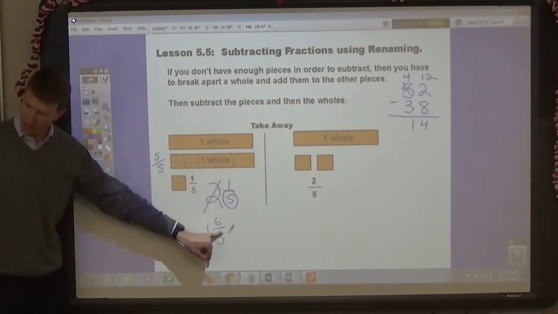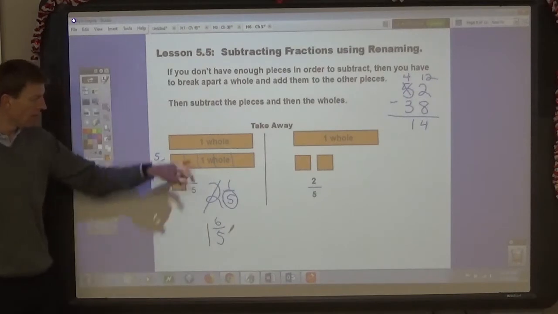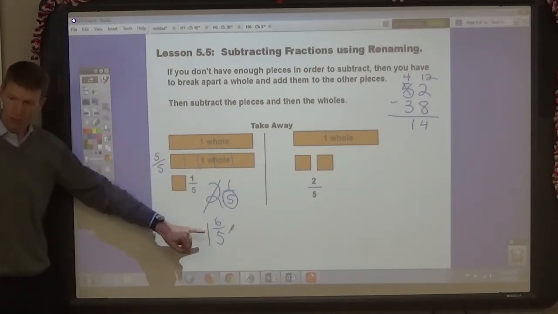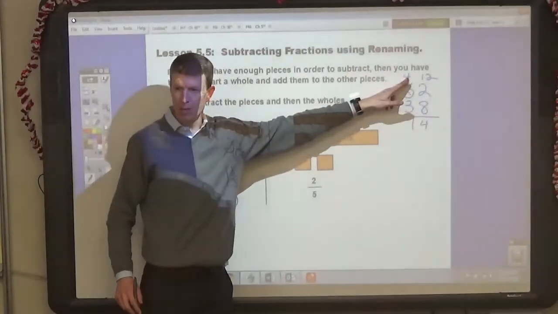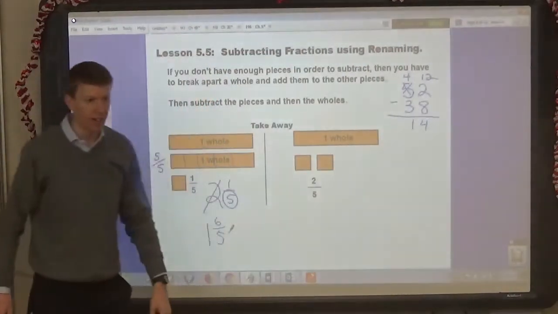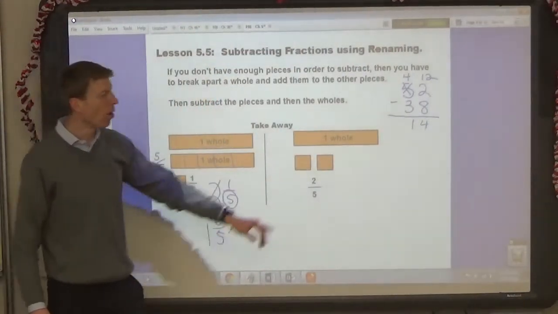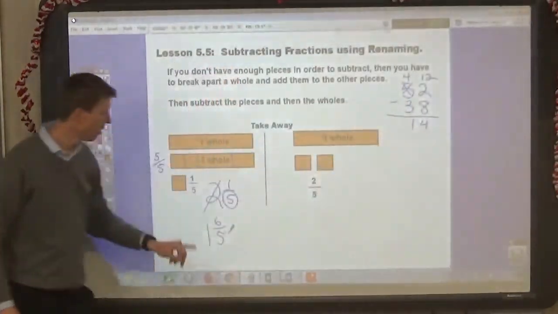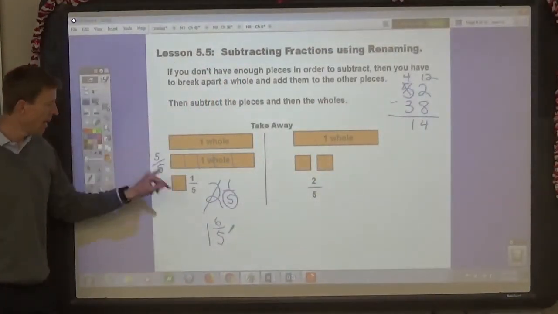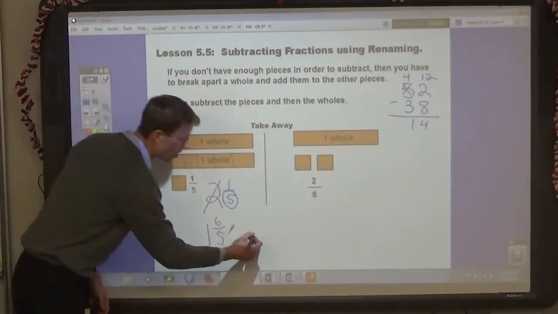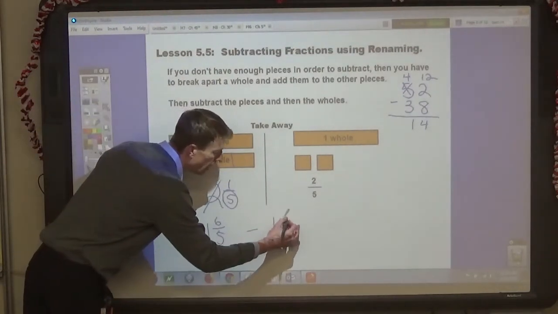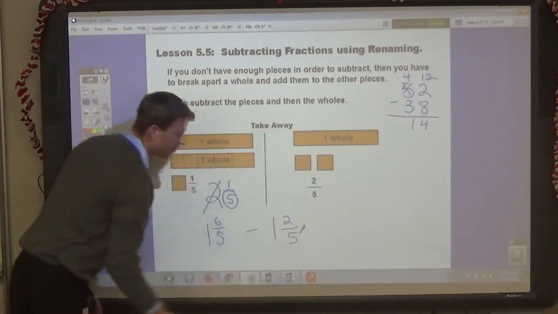That equals 6/5. And we still have 1 whole. So you take 1 away, just like you do here. You've been renaming numbers since 2nd grade, you guys. You take 1 away, like you did before, and cut it into pieces. Now you can take away 1 2/5.